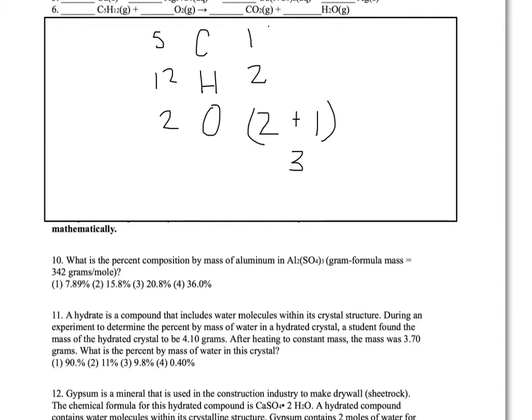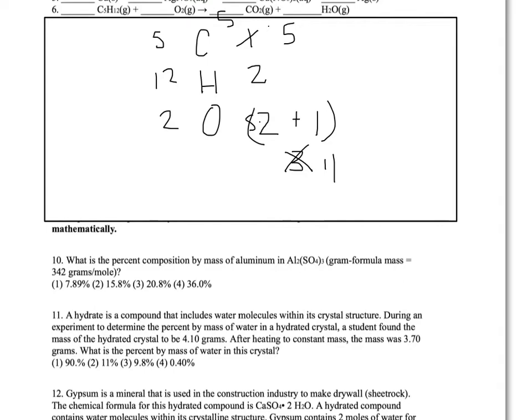Now, when we go to balance chemical equations, in general, you want to leave the hydrogens and the oxygens for last. So we'll initially balance the carbons by placing a 5 in front of the carbon dioxide. Now, when we place that 5 there, we have 5 carbons, and now we have 5 times 2, which is 10 plus 1, or 11 oxygens.